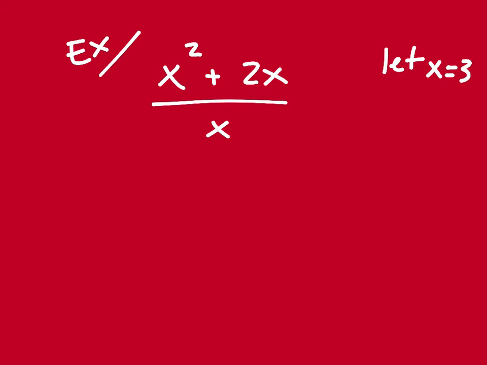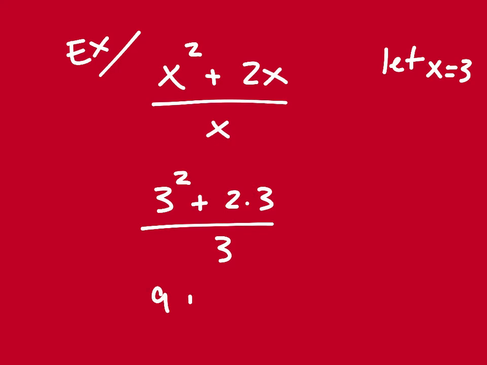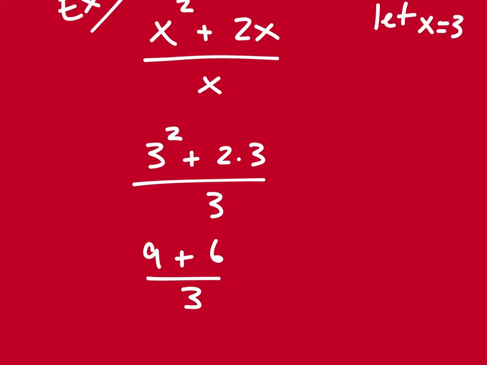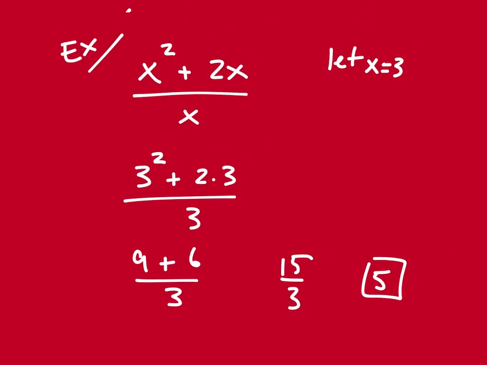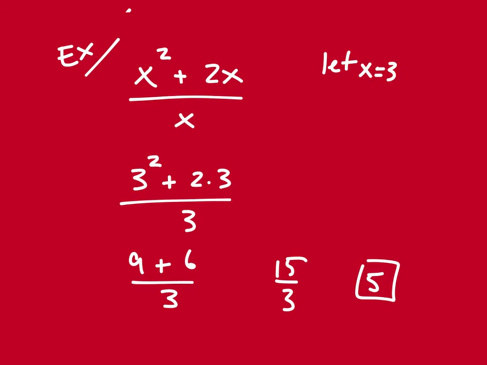So if I plug this in, I'm going to get 3 squared plus 2 times 3 all over 3. 3 squared gives us 9 plus 6 all over 3. 9 plus 6 is 15, so we get 15 over 3, and that ends up giving us 5. So our answer here, when we evaluate this with x equals 3, is 5.